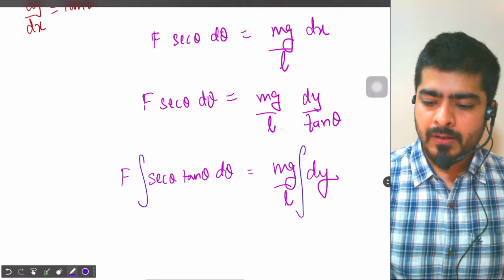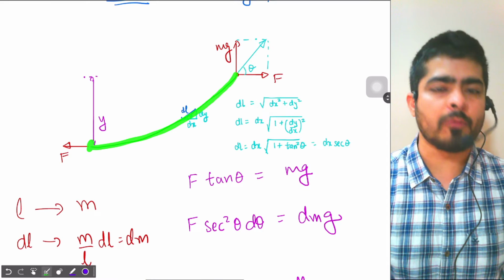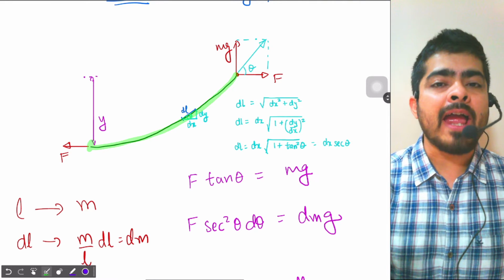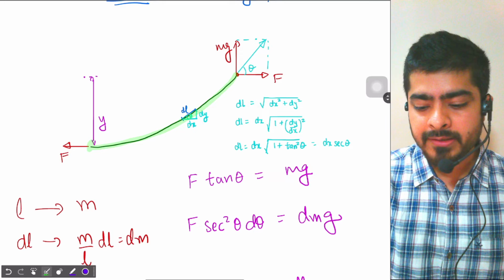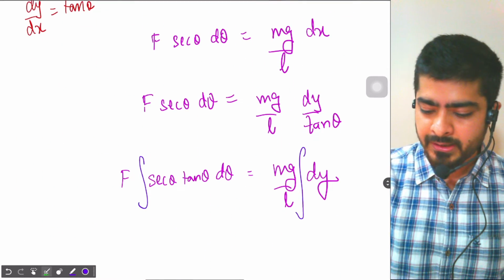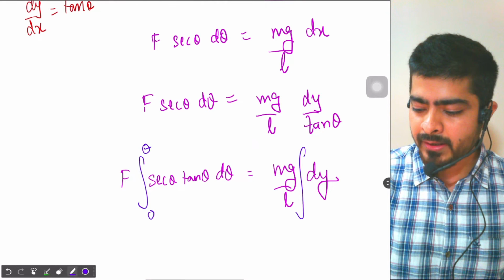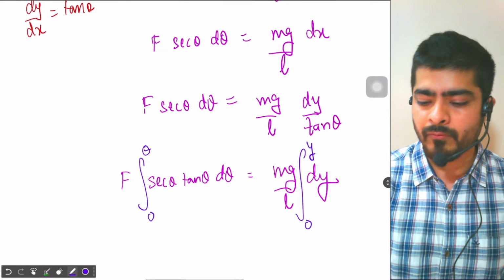Okay, my rope is starting from this point and going all the way up to over here, correct? So here the angle theta is 0 and here angle theta will be theta. So my limits of integration for theta will be 0 to theta, and for dy it will be 0 to y.